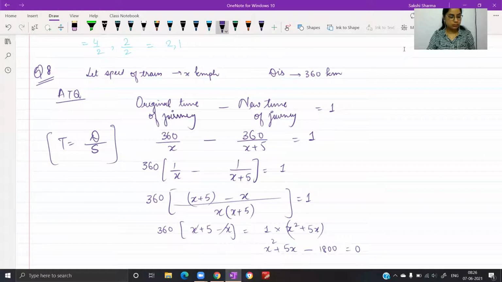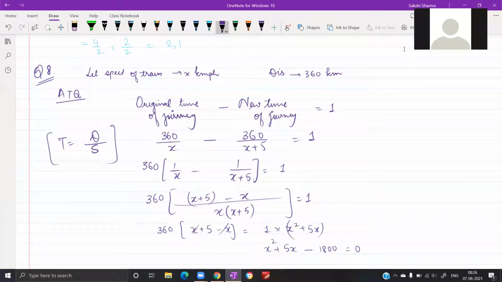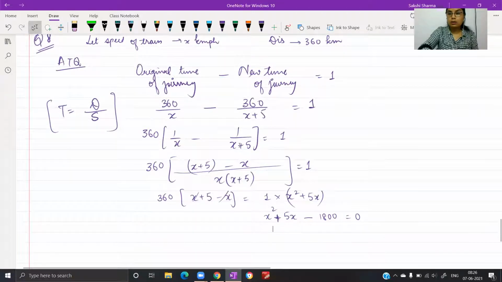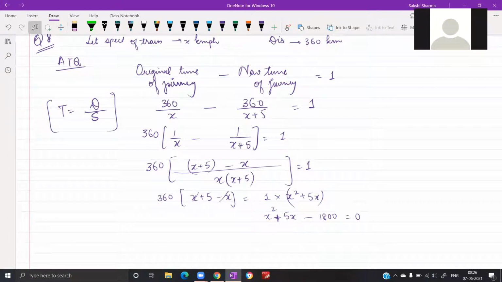Kindly check. Yes, ma'am. And then you can work out your answer. Since x is representing speed, see if any of the values is to be rejected, and then you can give your answer. If anyone's solving it, should we wait? Yes, ma'am, please wait.